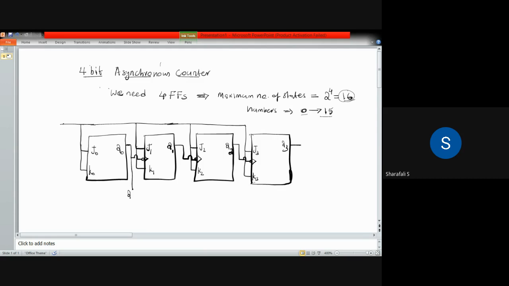So this is Q0, this one is Q1, this is Q2, and this one is Q3.